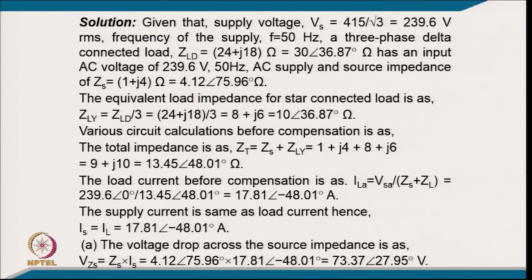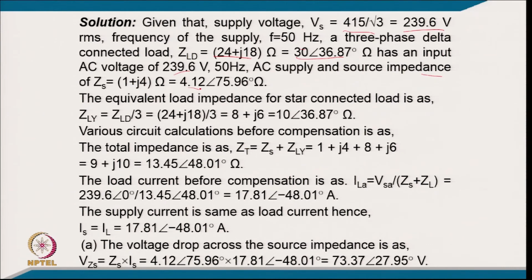So, coming to the solution, given that the supply phase voltage is 415 by root 3, that is 239.6 volt, and frequency of 50 hertz, and we have a load impedance ZL equal to 24 + j18, that is 30 ohm at the angle of 36.87 degree. The input voltage is 239.6 volt at 50 hertz AC supply and the source impedance is ZS equal to 1 + j4 ohm.